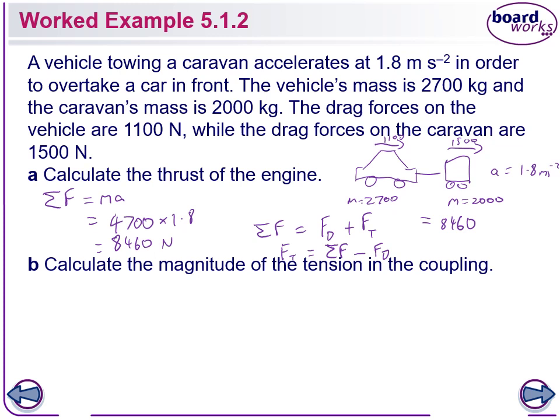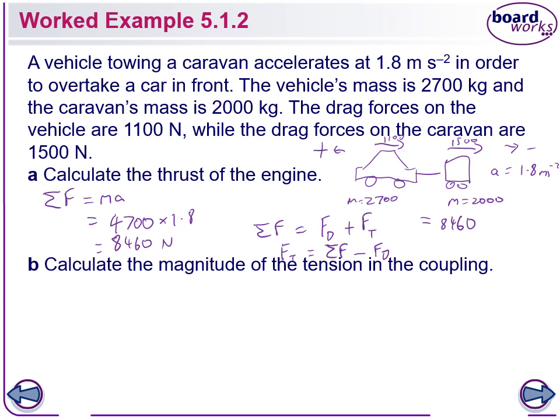So in this case, our net force is positive. So let's call that way positive and that way negative. So we know that our net force is positive, 8,460. Our drag force, is it going to be positive or negative? It'll be negative because it's towards the right.